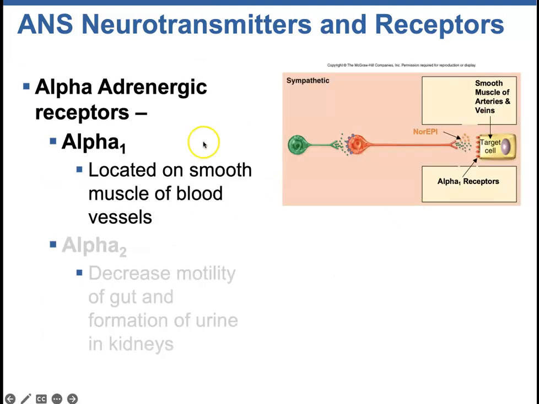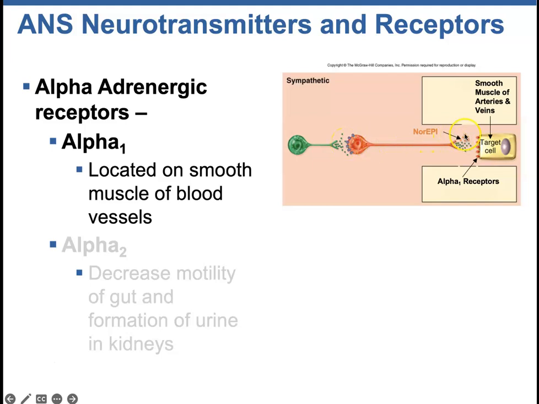So when we move to here, the alpha receptors that we have are alpha 1s and alpha 2s. Alpha 1s are the ones that we really want to focus on. That is why I kind of made this a little bit lighter with the alpha 2s. So when you have a sympathetic response, your preganglionic neuron secretes acetylcholine in the middle, like always, on these nicotinic receptors that are on the postganglionic neuron.